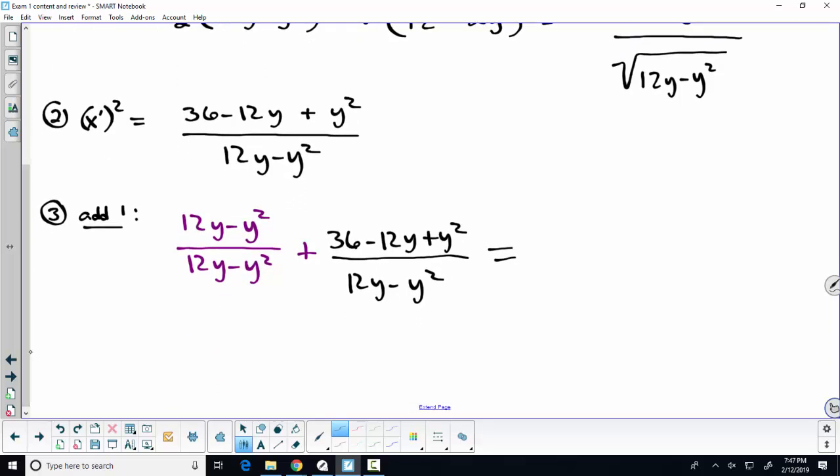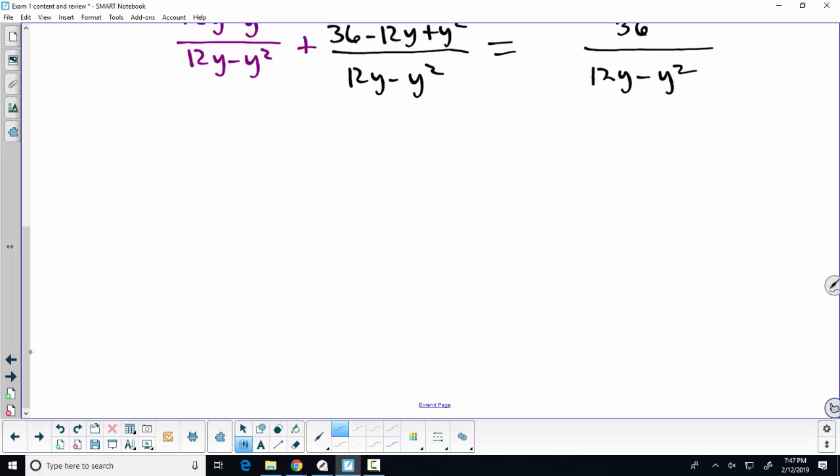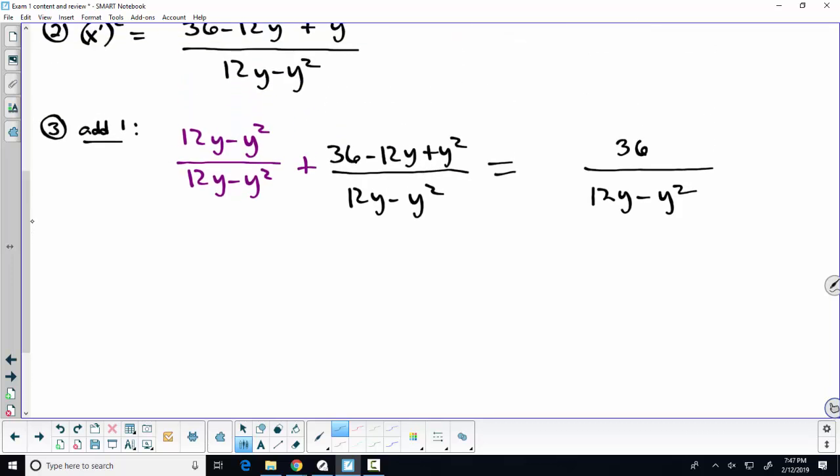So the 12y and the y squareds are gone, so we just have 36 over our denominator. It's kind of similar to that last problem we worked out. The next step is to take the square root. We can't do anything with the root on the bottom, but we could take the square root of 36 and just say it's 6. However you want to do it, insert it into the function from here, or take the square root, doesn't matter.